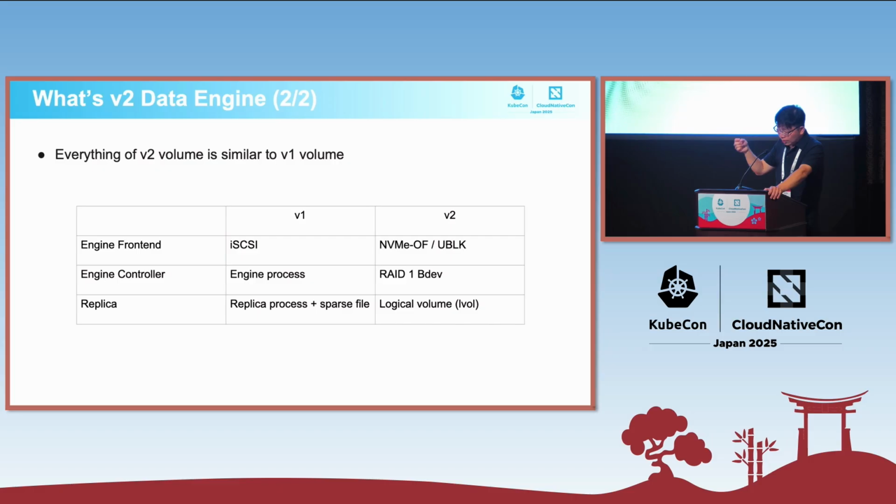So if the engine receives I/O, the I/O will pass to the downstream replicas, which are actually replica processes and sparse files. For the V2 data engine, the RAID 1 bdev has multiple base bdevs, and each base bdev is a logical volume. So when you issue an I/O, it will be sent to the downstream logical volumes inside SPDK.